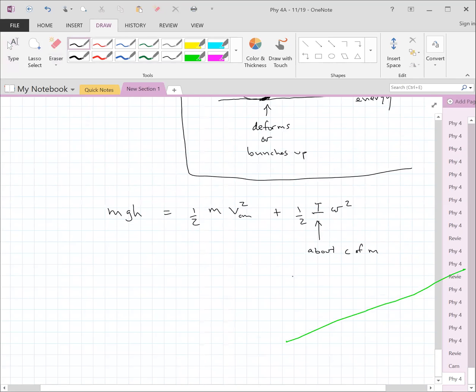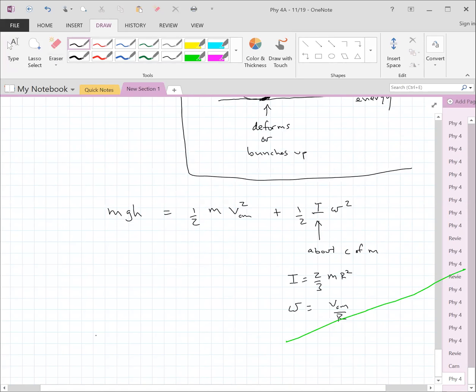So for a hollow basketball, I is 2/3 mr squared. And we know omega, we can substitute in v center of mass over r.